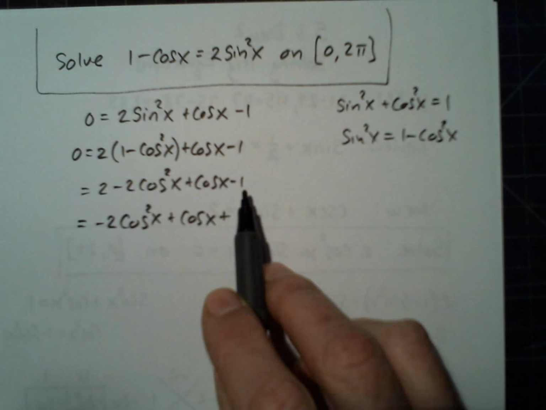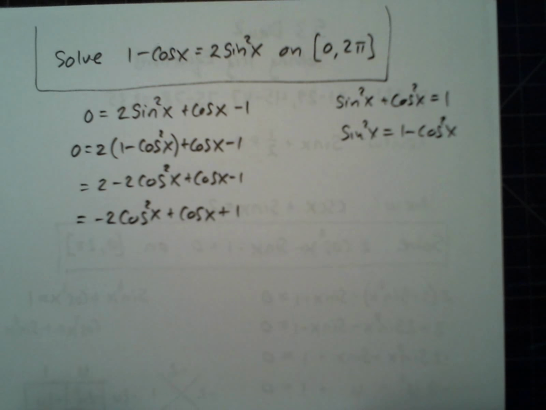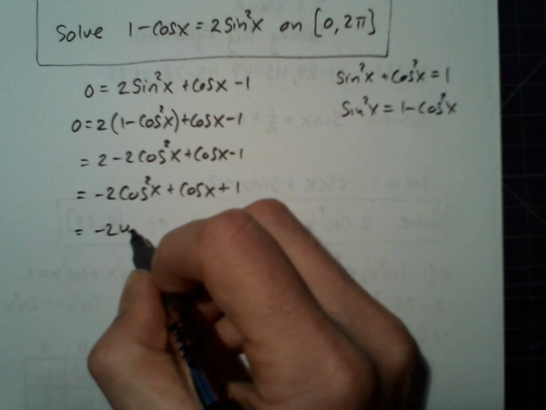Combine the 2 and the negative 1, and it's negative 2 cosine squared plus cosine plus 1. We'll factor it. We can factor it like we did the other one. You can write it like this.